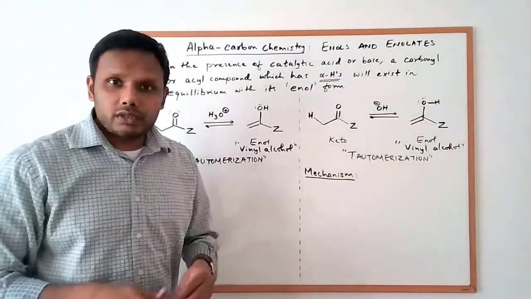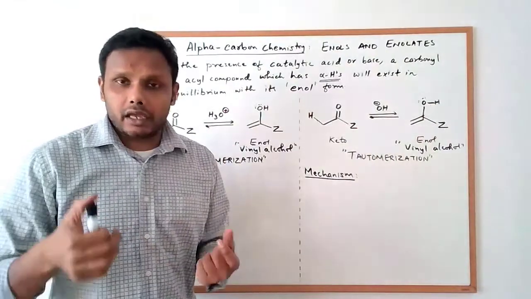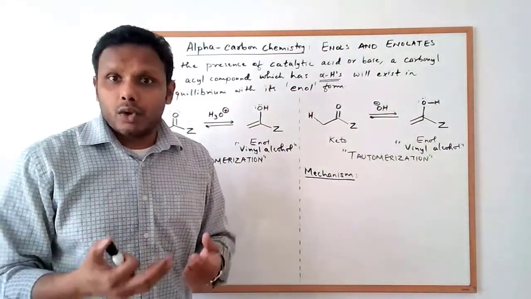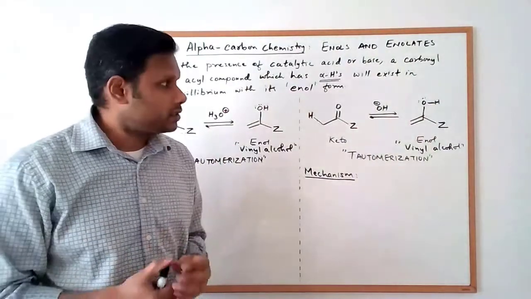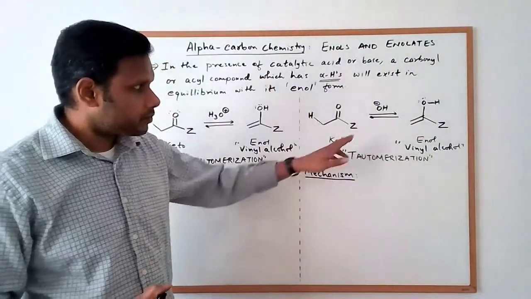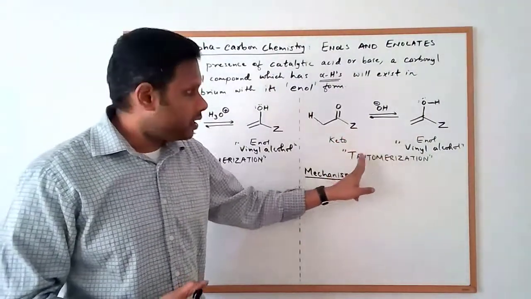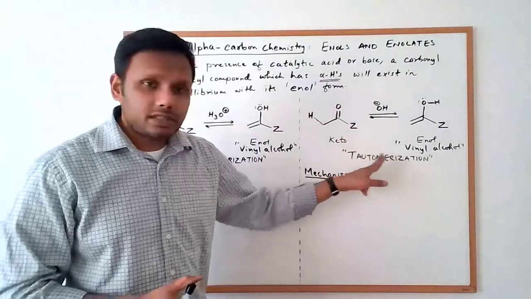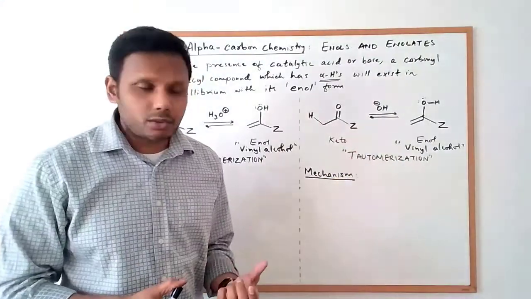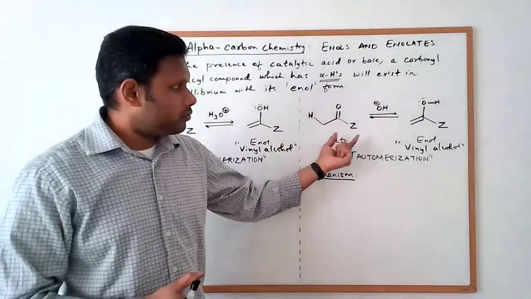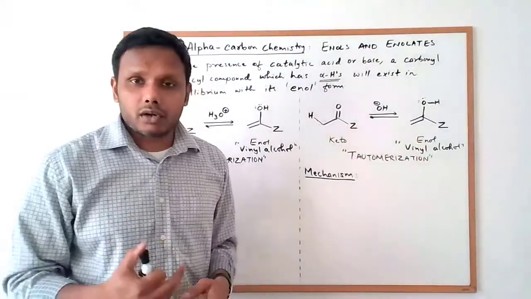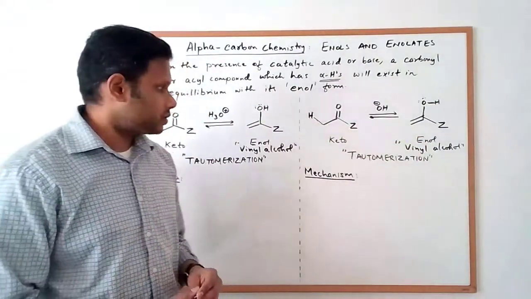Any compound with an alkene in it and a hydroxyl group on it is not necessarily an enol. That's an important thing to remember. And this process, again, under basic conditions, is still called a tautomerization reaction, and the keto form and the enol form are called tautomers of each other.